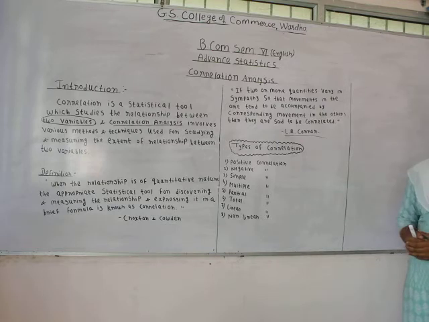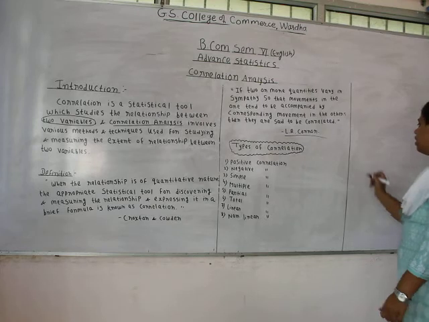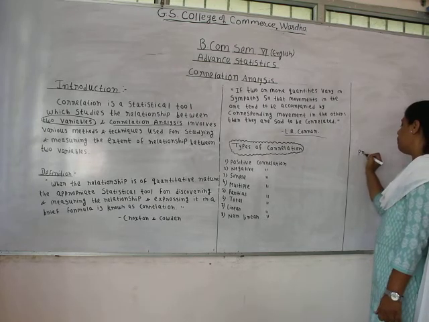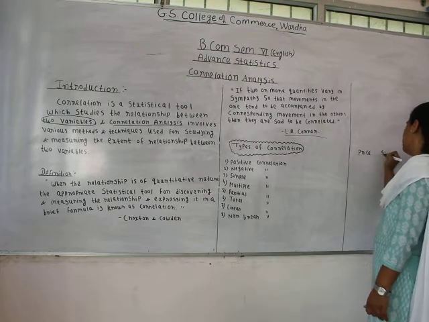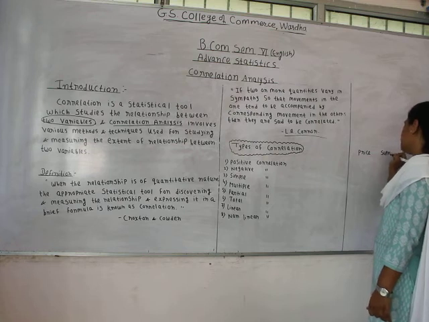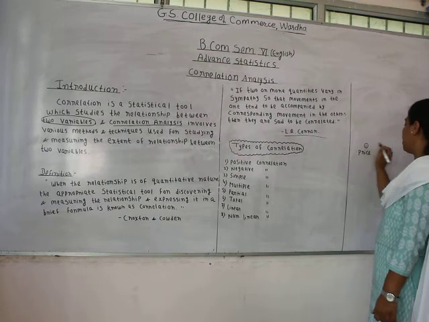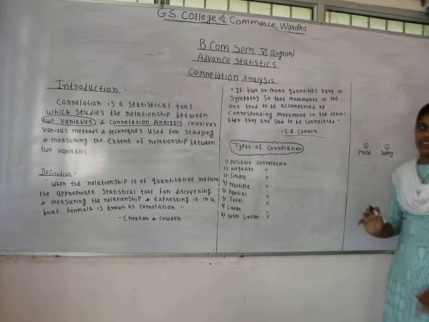We will try to understand this with the help of an example. We will consider price and supply. Here price is one variable and supply is another variable.